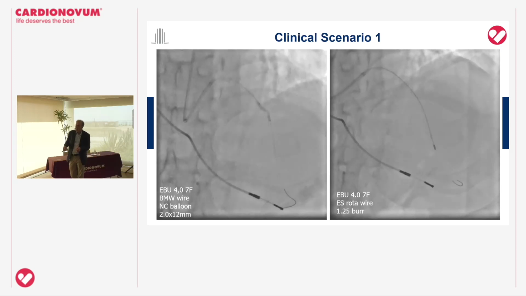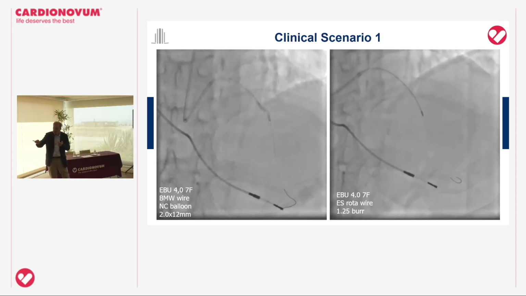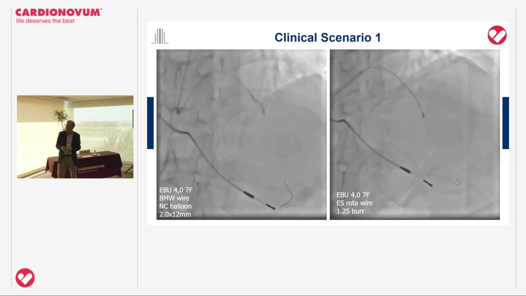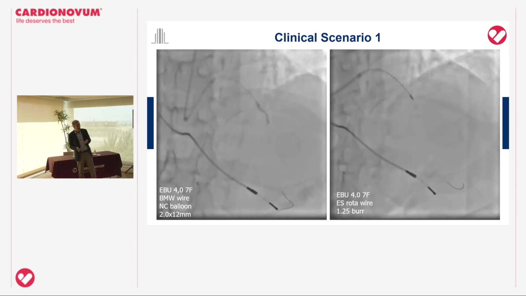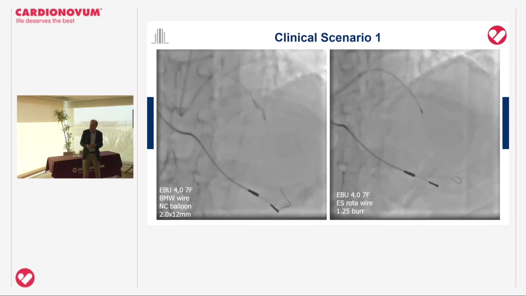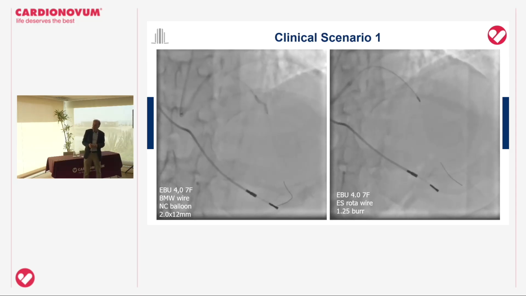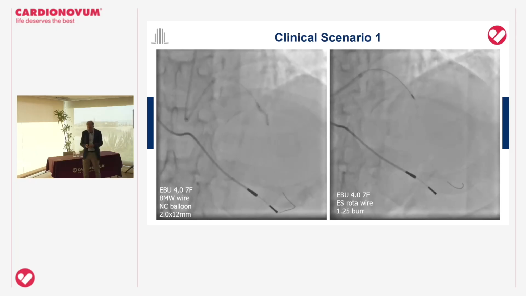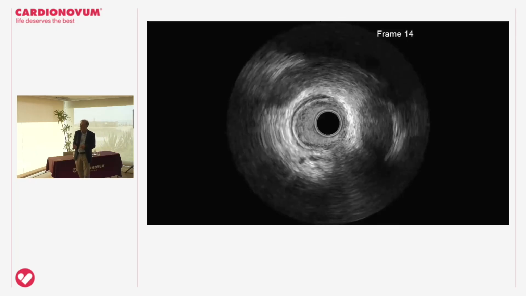So I started with a 7 French guiding catheter. When you see the waist of the balloon, I could not cross the IVUS at first, which was my initial idea. Then I did a small balloon dilatation. I saw the waist, and then I decided to go for a rota. This is a good signal.